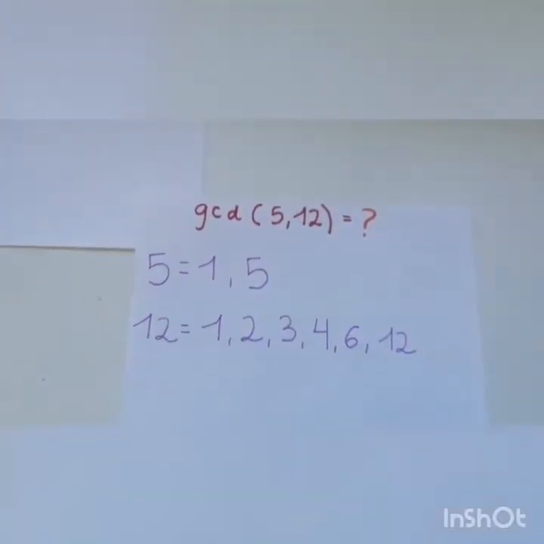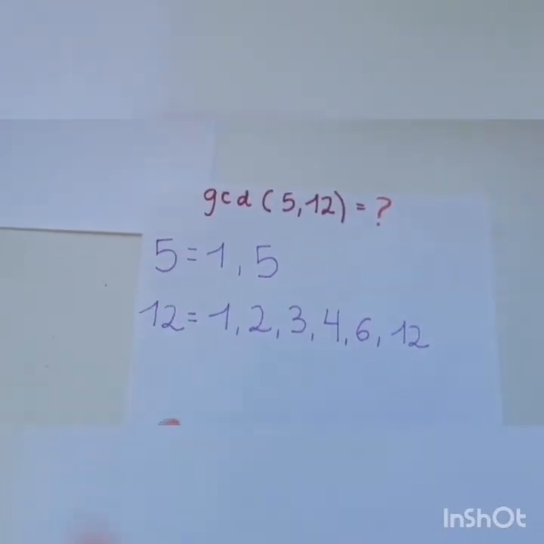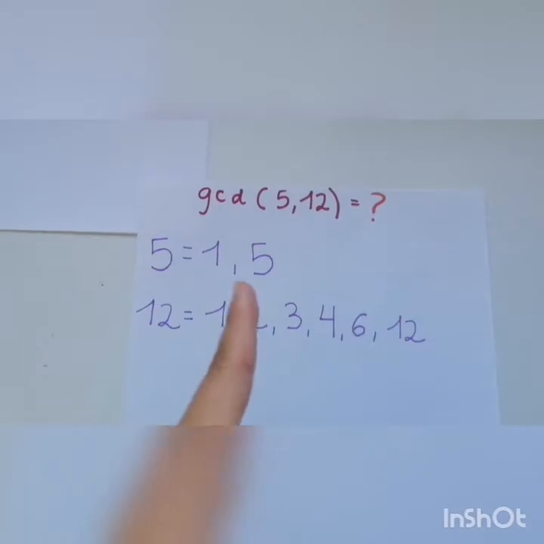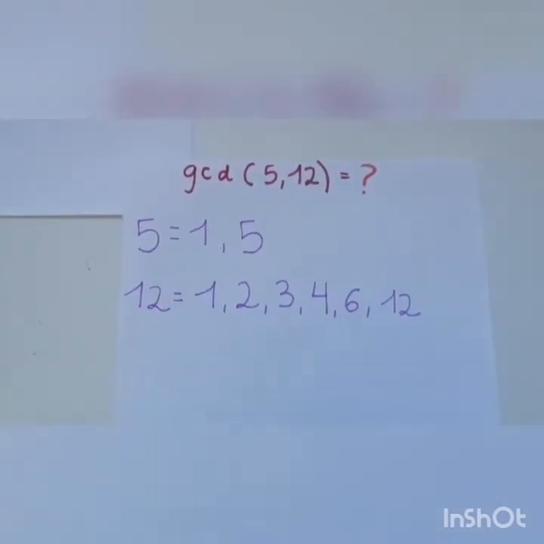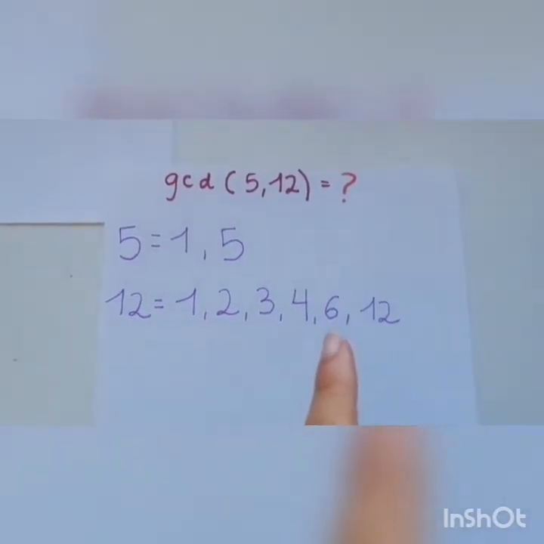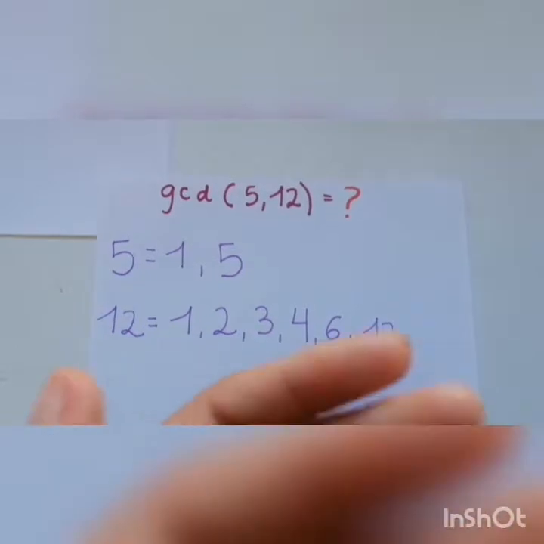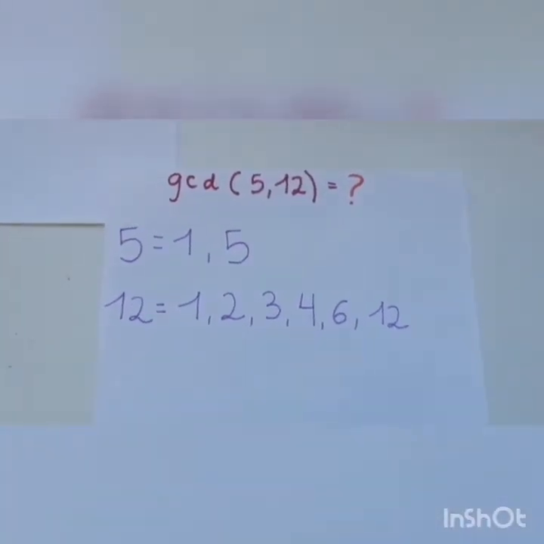Okay, here we have the divisors of number 5: number 1 and the number itself. And number 12: 1, 2, 3, 4, 6, and 12. So, what is the greatest common divisor?